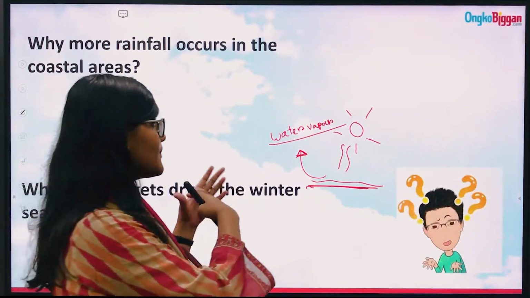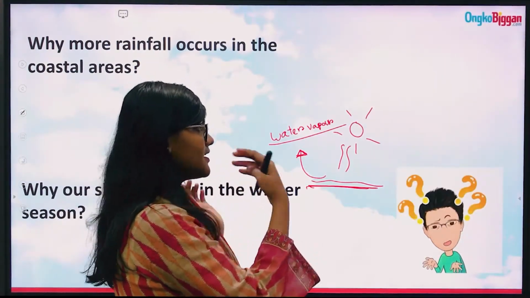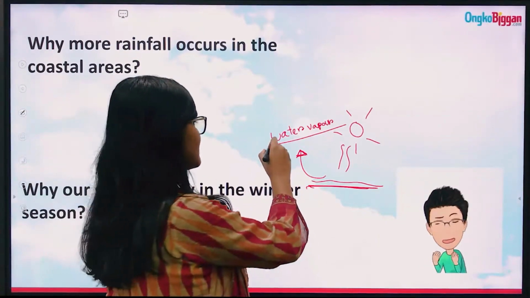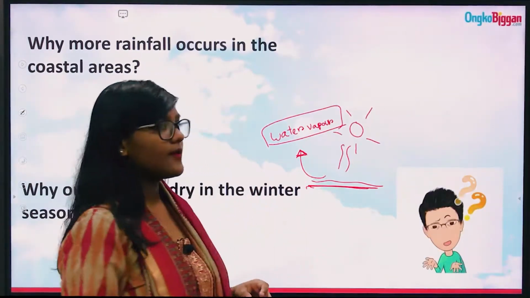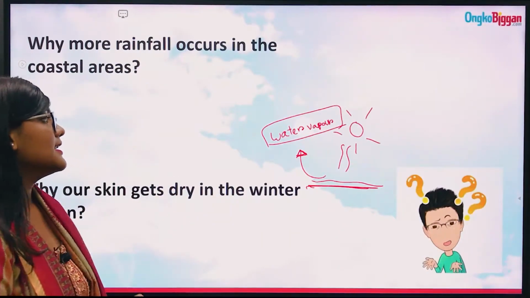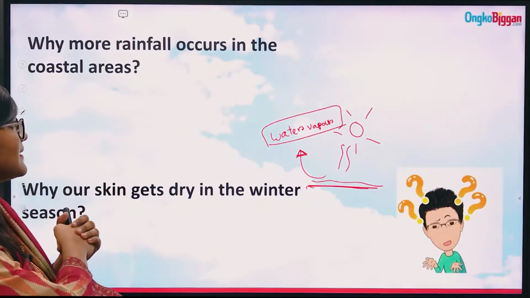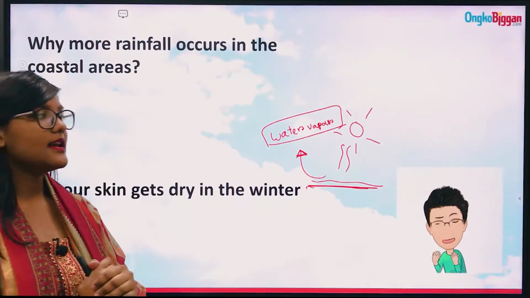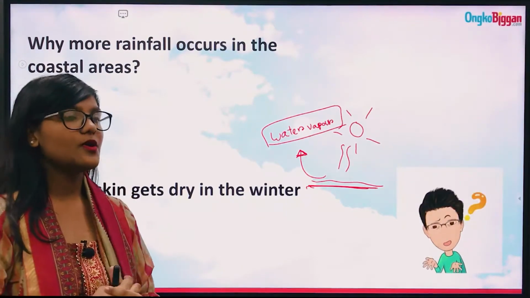That means the places near coastal areas are more humid, since we can see the phenomenon of evaporation occurring more there. So that's why in coastal areas, rainfall is seen to occur more.